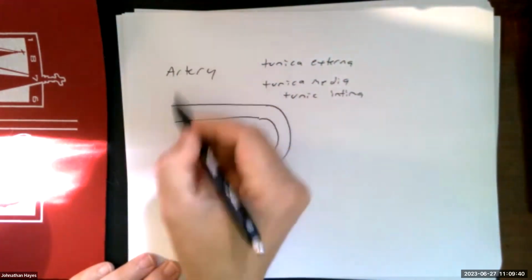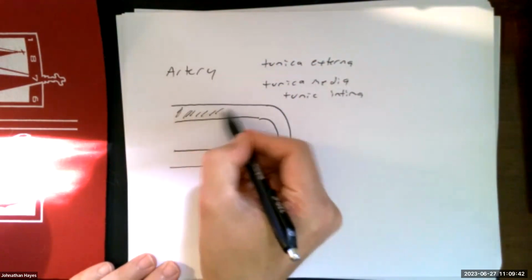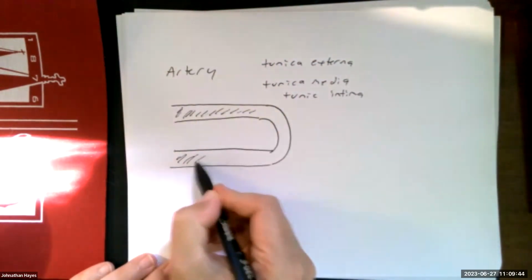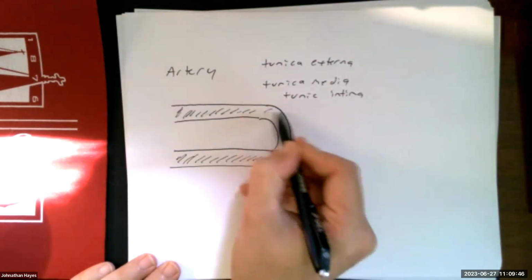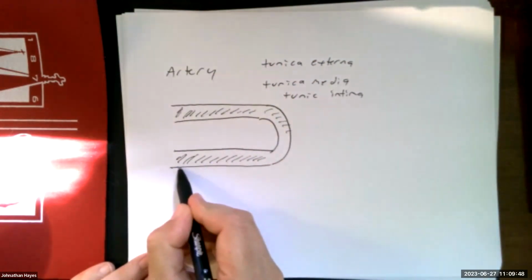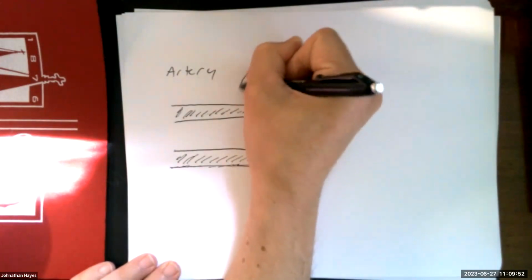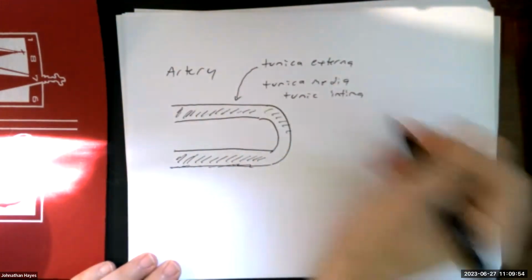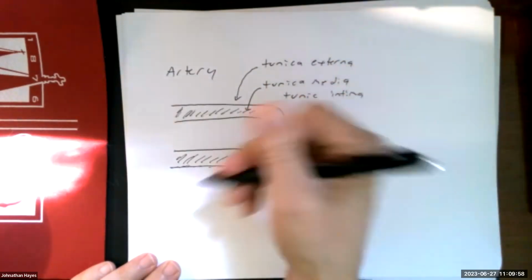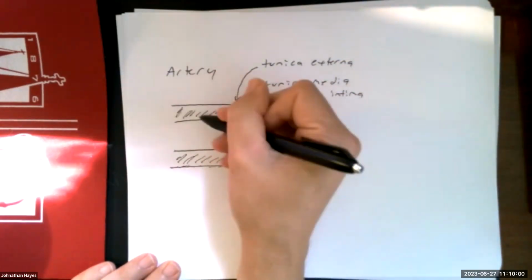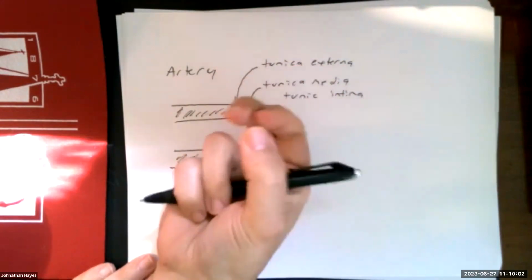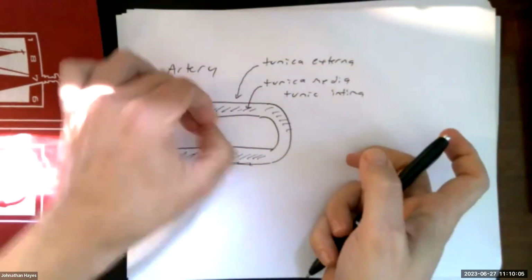With your arteries, look at how much thicker your tunica media is, right? Much, much thicker, right? More collagen than, say, elastin in the outermost layer. So tunica externa is basically just the outermost layer. Tunica media is your thick muscular layer, and it's mostly made up of circular smooth muscles. So these muscles in that tunica media go around the vessel like this, right?